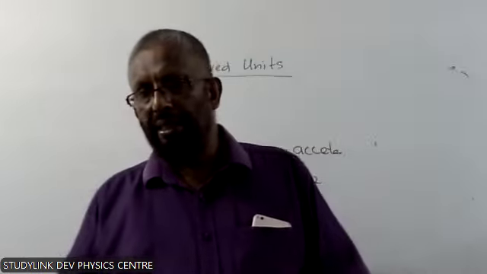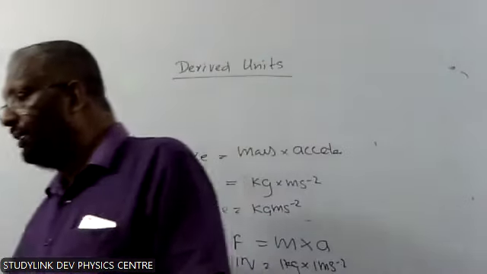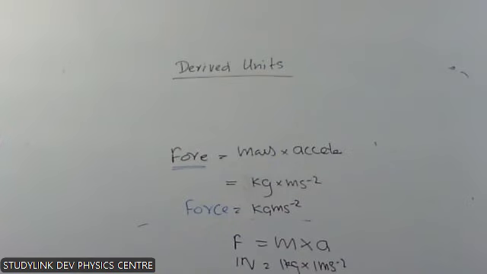What is Newton? You have to consider two things. One is a 1 kilogram object, it should be moved or we push it with an acceleration of which one? 1 m s^-2, then that is called 1 Newton needed force.